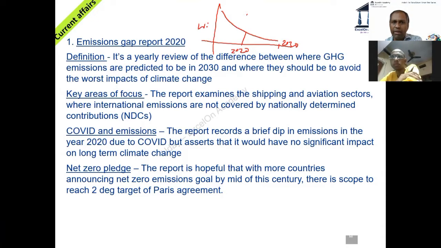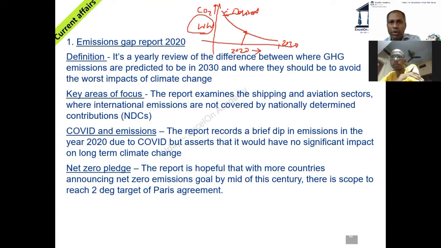This is worldwide, divided country-wise later. So this curve is the desired curve so that the Paris Agreement aim is met. The y-axis is your CO2 emission, and the x-axis is your year.